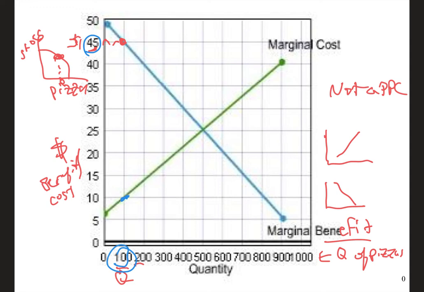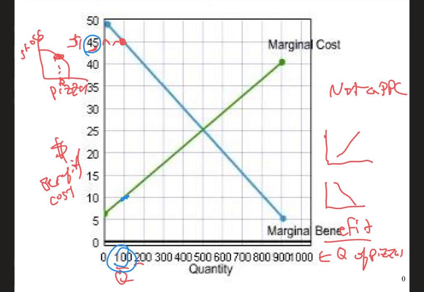We're making way too much pizza and society doesn't want it that much. At this quantity of 800, my marginal benefit is 10, my marginal cost is 35. Don't produce that.